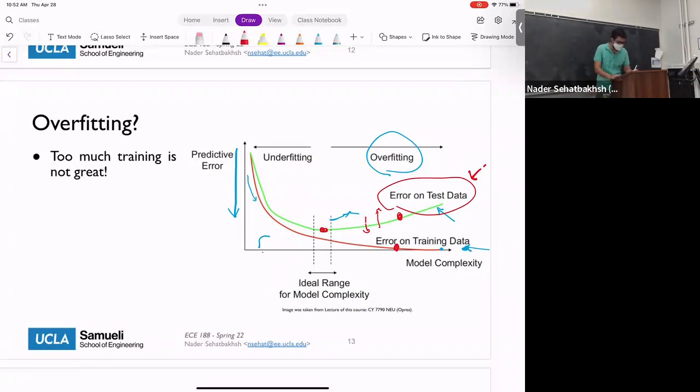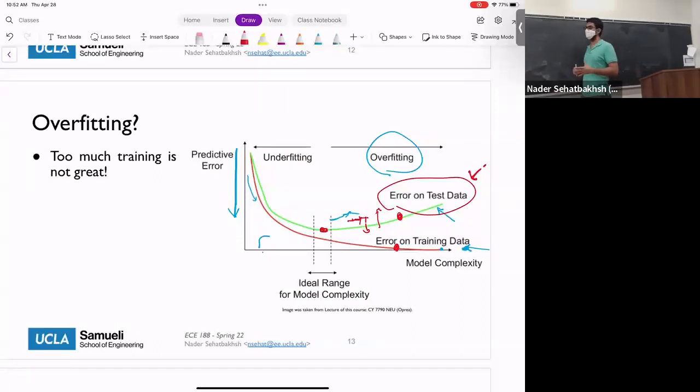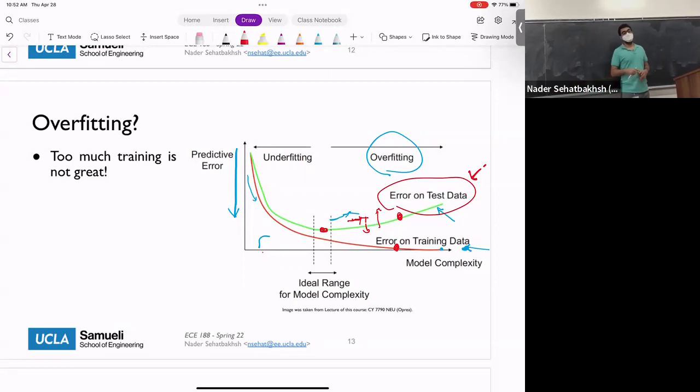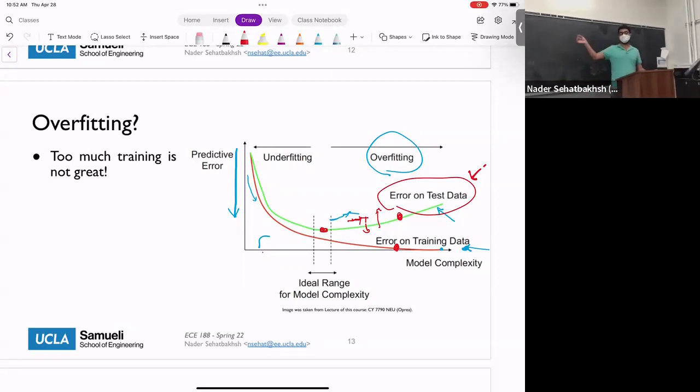Okay, so that's the idea of overfitting. You don't want to be on this side of the curve. So you have to stop at some point in your training, because you don't want to find this perfect location, since it creates larger error on your testing. Does that make sense? Any questions?